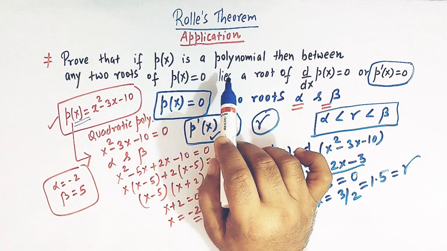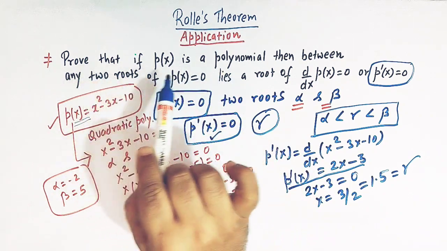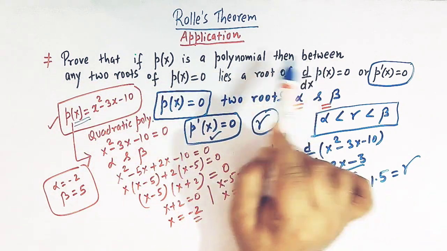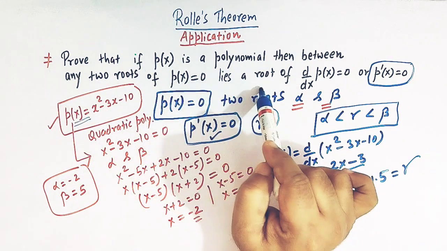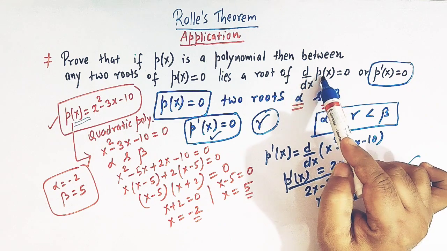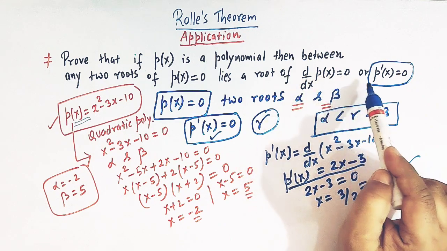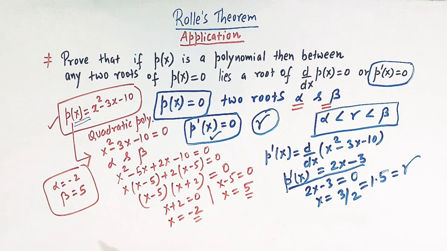So now this problem says that if p of x is a polynomial, then between any two roots of p of x is equal to 0 lies a root of dp over dx is equal to 0, or p prime of x is equal to 0, right?